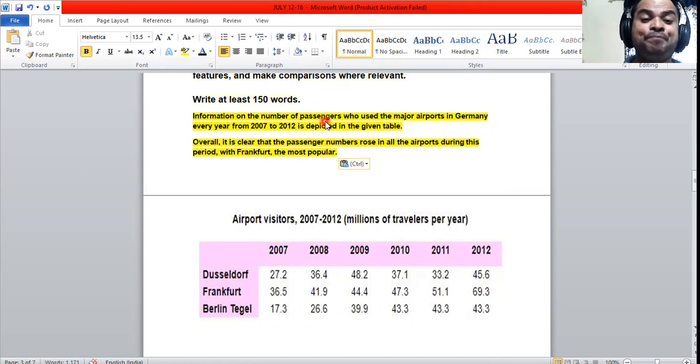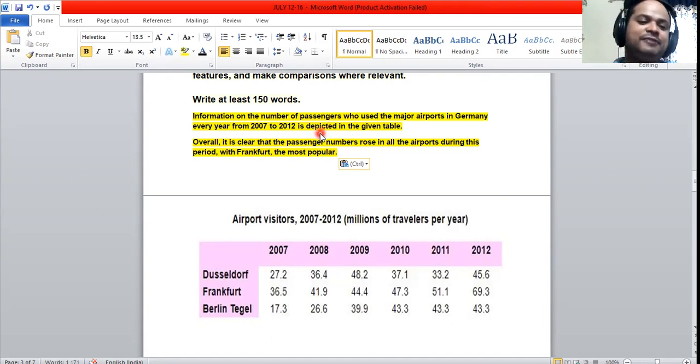Before submitting the answer, you should try to rephrase this particular word, passengers, with travelers or commuters or something. We have a lot of phrases which we can use instead of passengers. I can say air travelers, commuters, travelers, all these things instead of passengers.